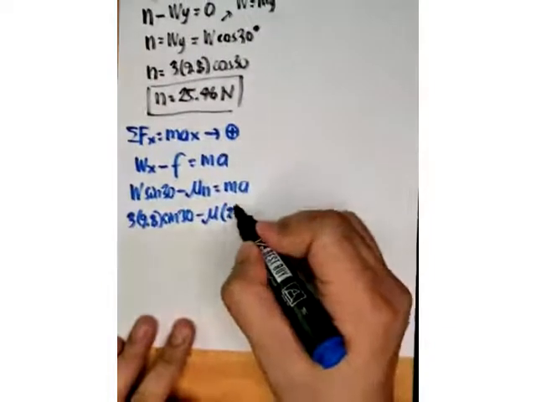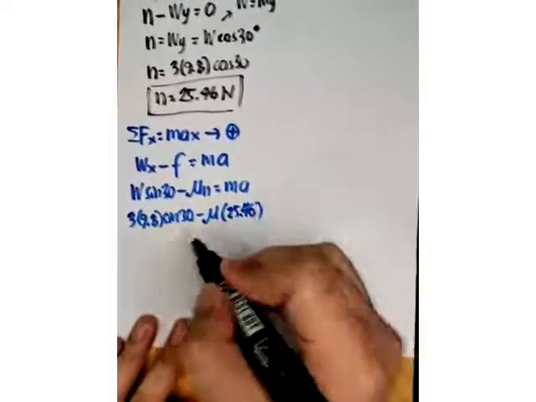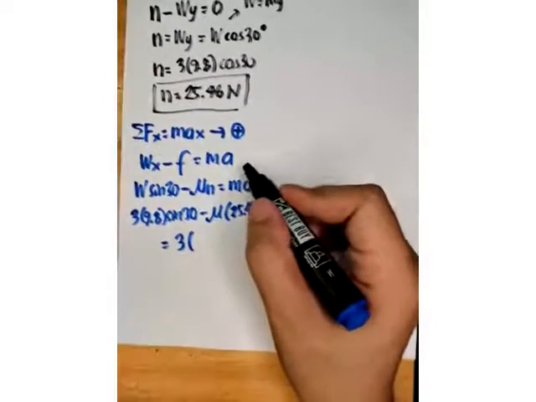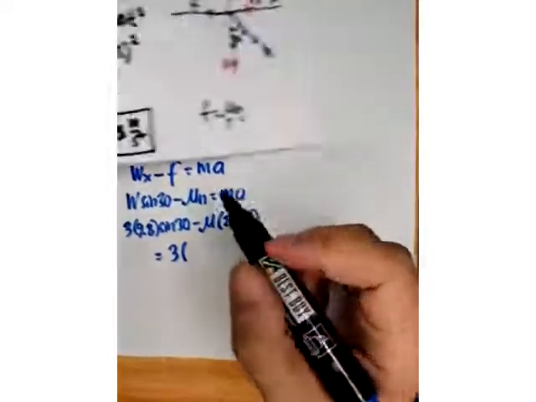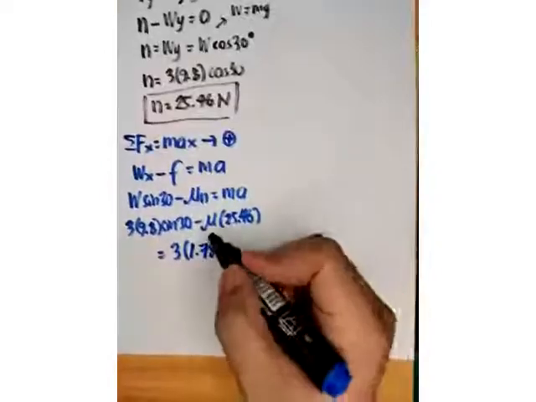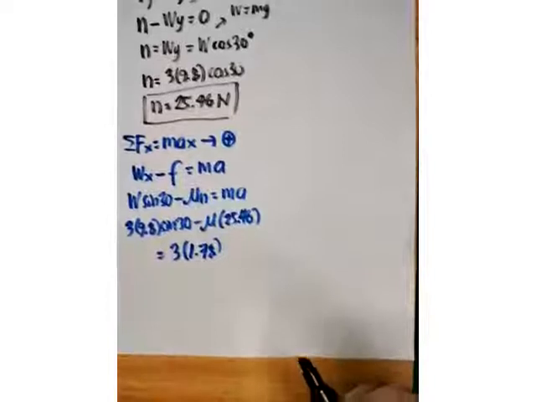So, normal force is 25.46, equal to 3 times the acceleration. So, acceleration natin, ina-compute natin sa kanina, which is 1.78. And then we can compute for our coefficient of friction.